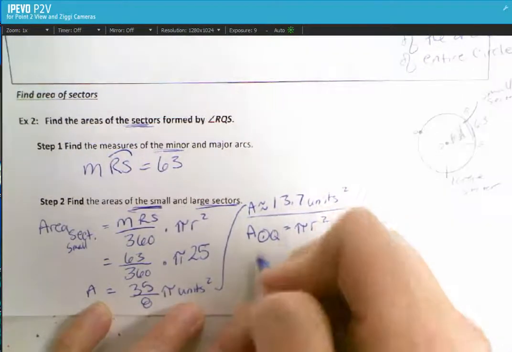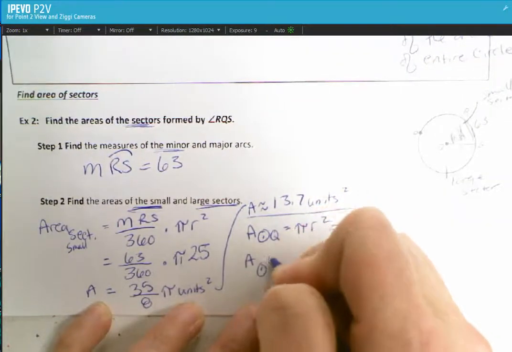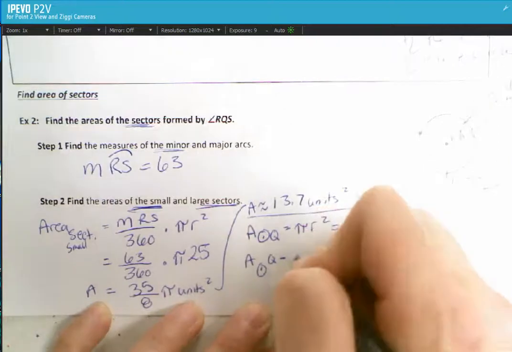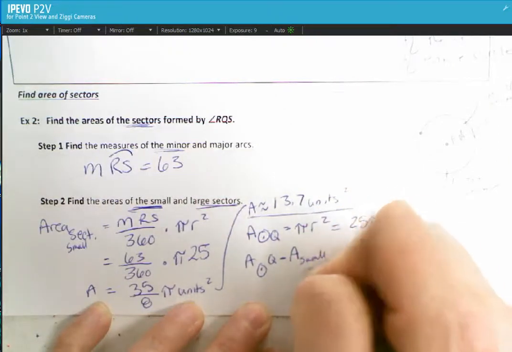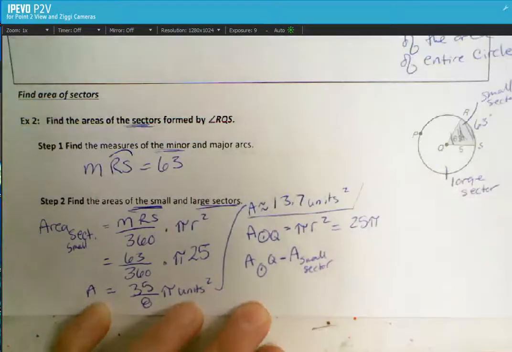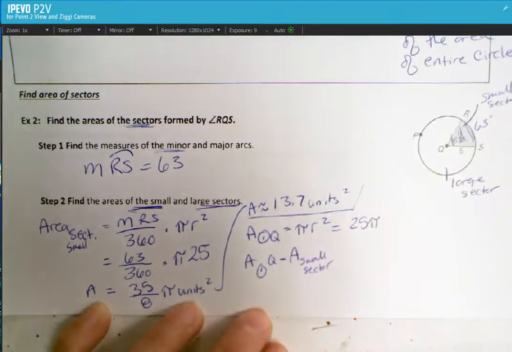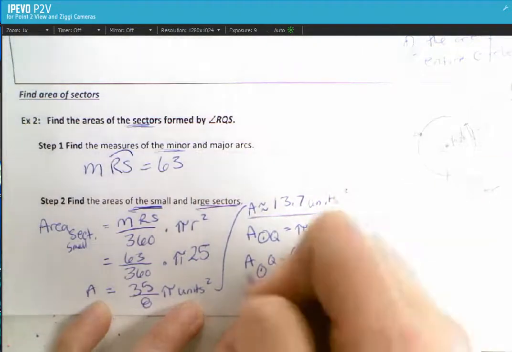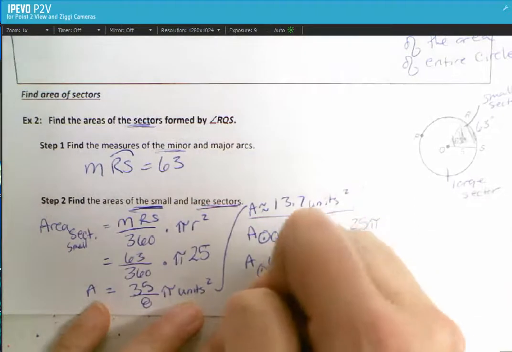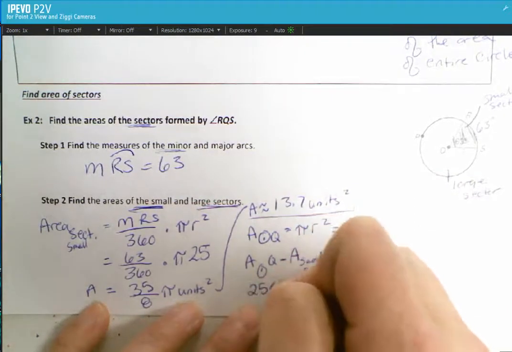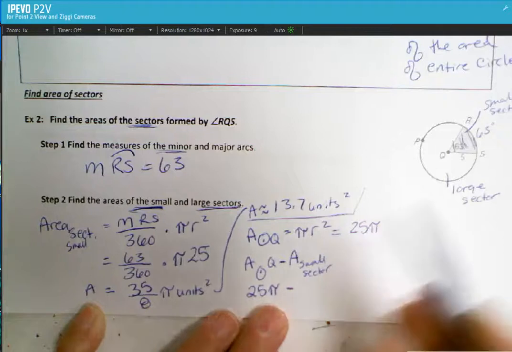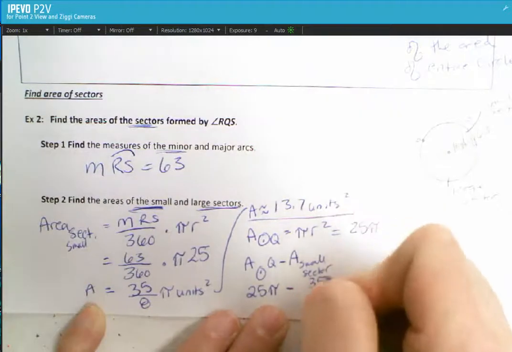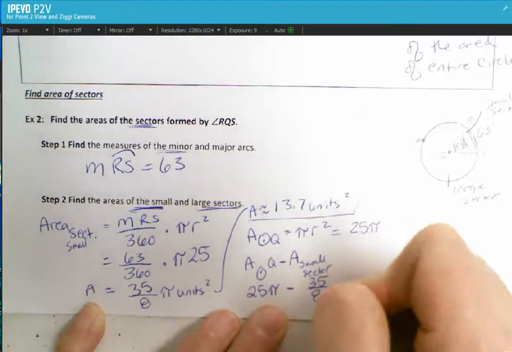So I want the area of the entire circle Q, subtracting the area of the small sector, to find the large area. We know the area of the entire circle is 25 pi, and I want to subtract the exact answer first, 35 over 8 pi.